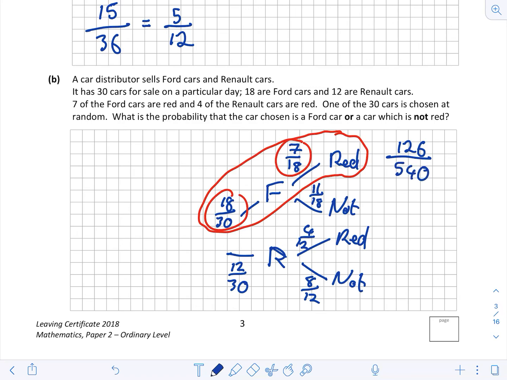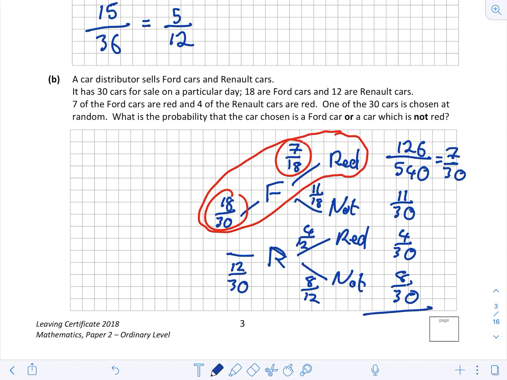And then if I went Ford and not red, it would be 18 over 30 multiplied by 11 over 18, and that's equal to 11 over 30. And if we went this way, we will end up with 4 over 30, and if we go this way, we will end up with 8 over 30. 126 divided by 540 is equal to 7 over 30. So we have 7 over 30 there.